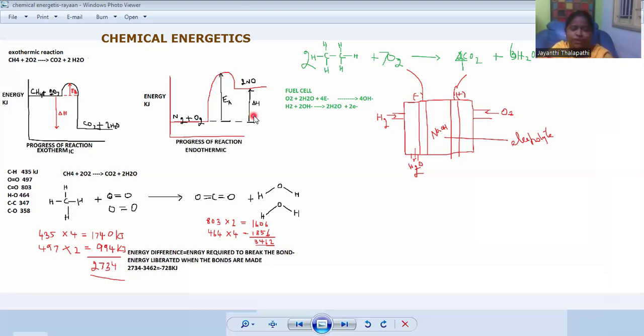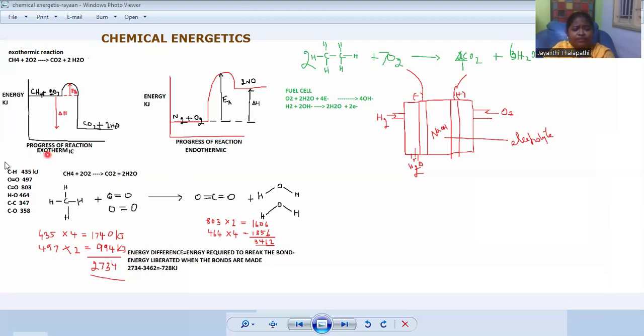By seeing this we can guess whether the reaction is endothermic or exothermic. How much energy it takes in and how much energy is liberated gives the energy difference when the reaction happens, and that will tell you whether the reaction is endothermic or exothermic.